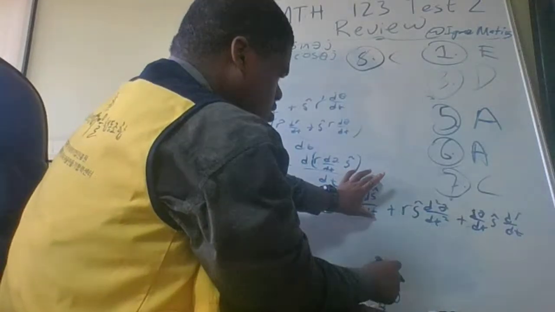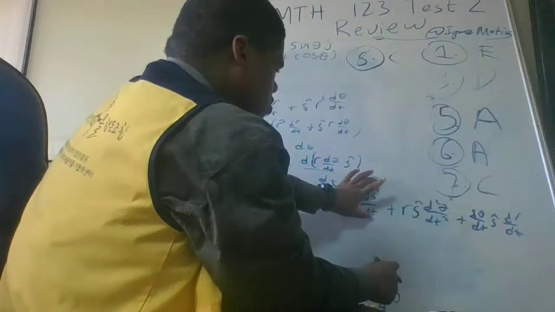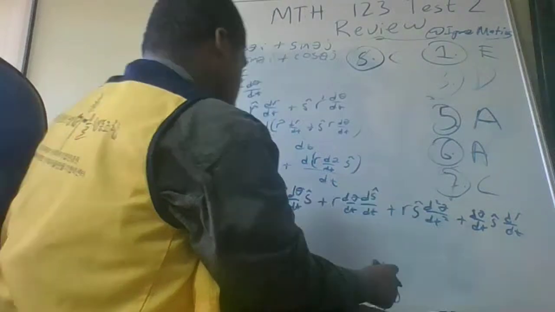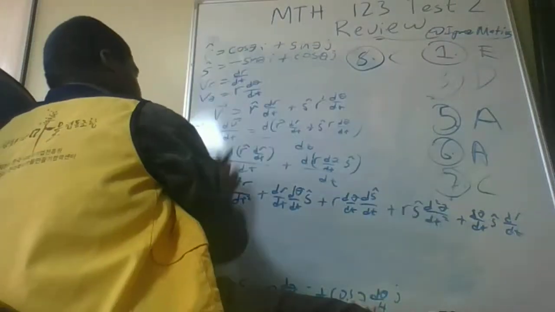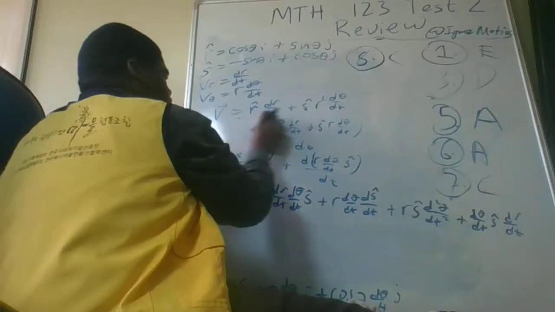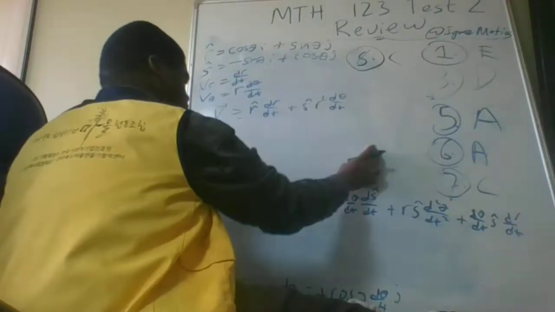Now we have the derivative of our transverse vector here. Before we do that, let me write all this up here, so there'll be space for me to do the calculation.